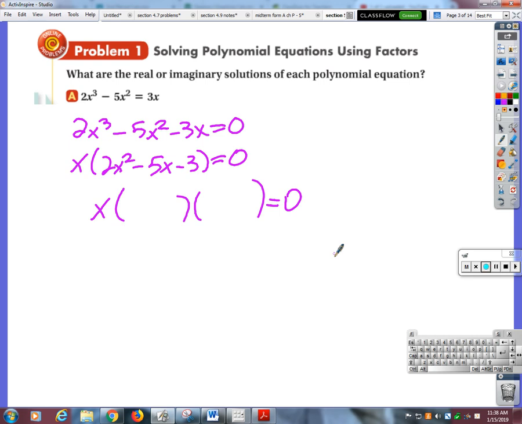What are the numbers that have to go in front of each parenthesis so that when they multiply together, we'll get 2x squared? X and x, in other words, does not work because x times x is only x squared. We want a 2x squared. 2x and 1x, yeah. So this is going to be 2x and x, okay?